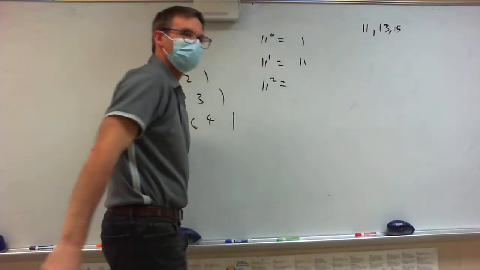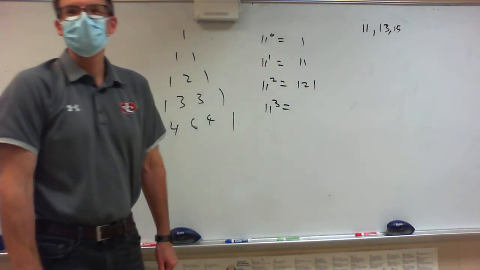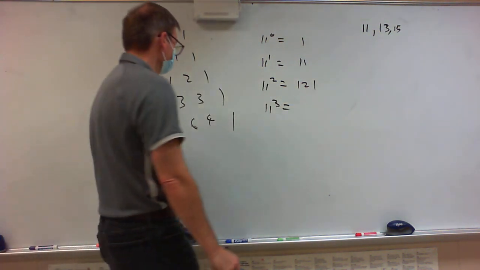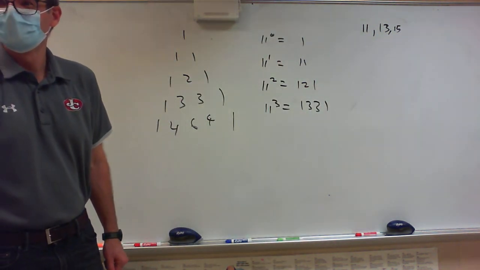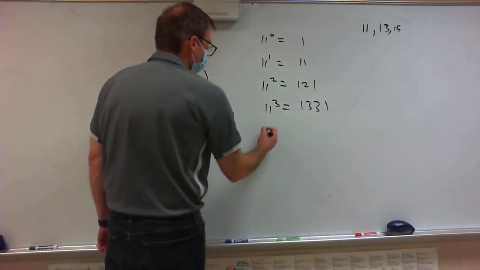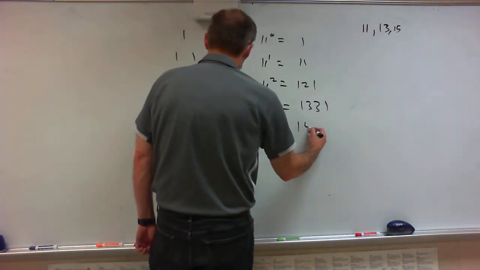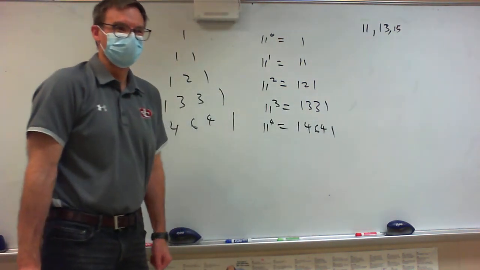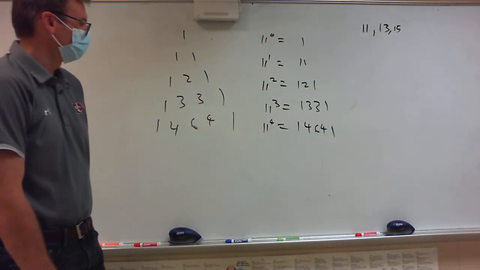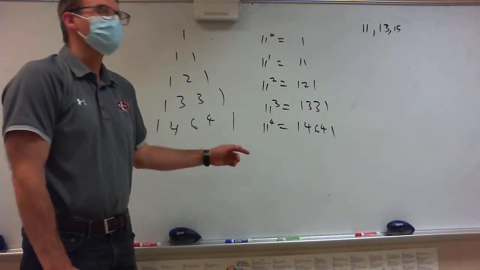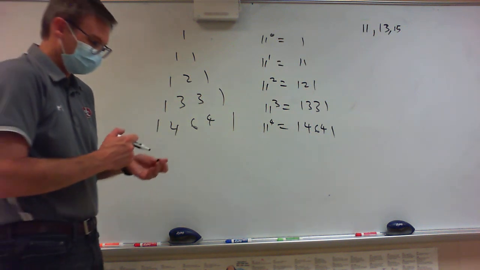What's 11 squared? 121. Guess what 11 cubed is? 1,331. Whoa. Guess what 11 to the 4th is? 14,641. Wait, so instead of doing all that, we could just write like 11 or whatever? You'd have problems at 11 to the 5th, but that's one interesting pattern that I'll explain why.